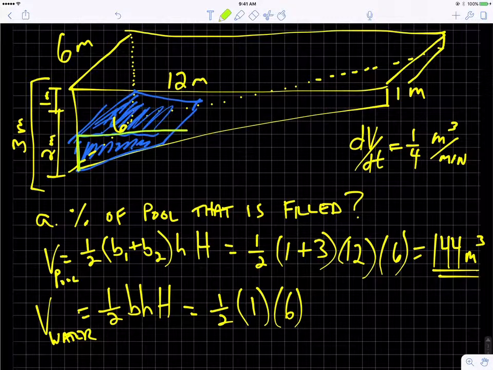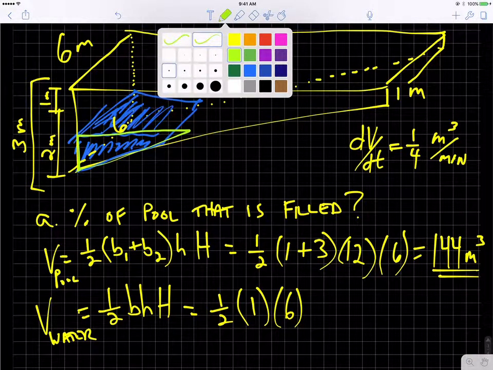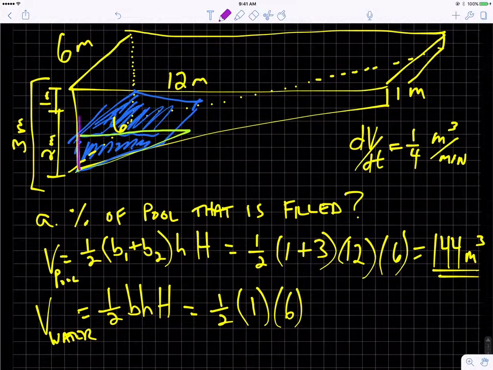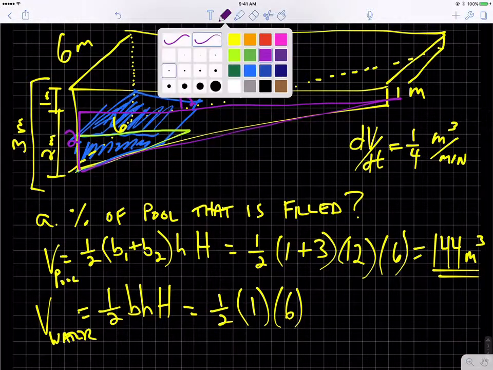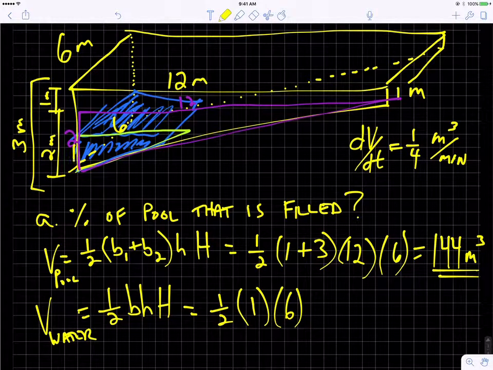This little triangle is similar to this triangle, and the ratio of the sides, since that's 2 and that's 12, then this ratio here would be 1 to 6. Since I know that's a 1, I then know that the top one is a 6. So that's how I come up with the 6, and then times the height of the prism of the water from front to back, which is 6 again.